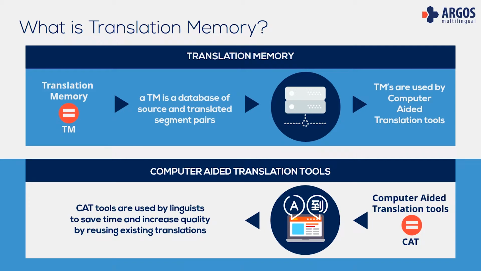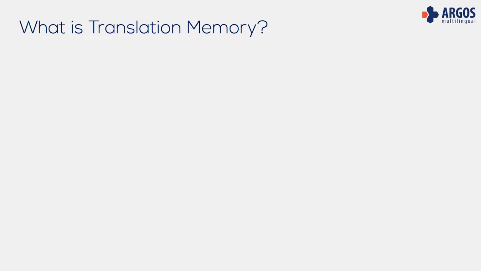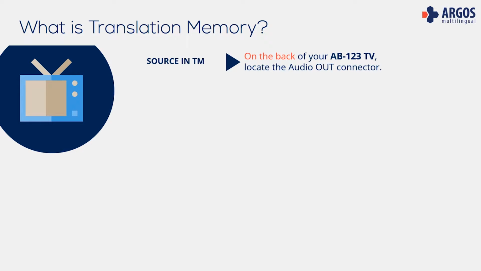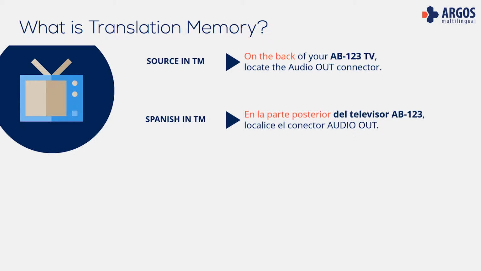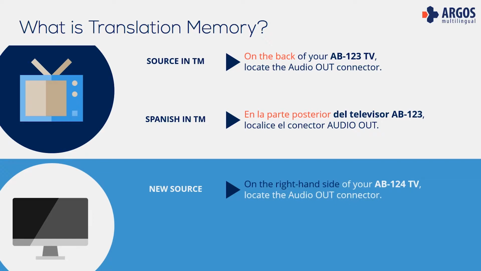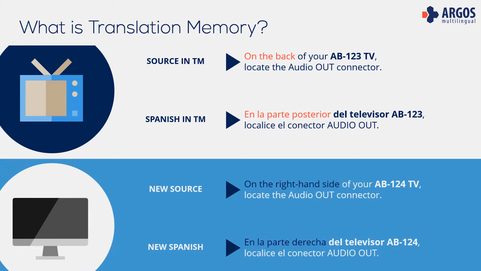Imagine a linguist that translates a user guide for a client who makes television sets. The client actually makes multiple different television sets and updates its product lines at least once a year with new features. When the client wants to translate a user guide for a new model of its television sets, much of the text which has already been translated is likely to be either identical or similar to what has been translated before.